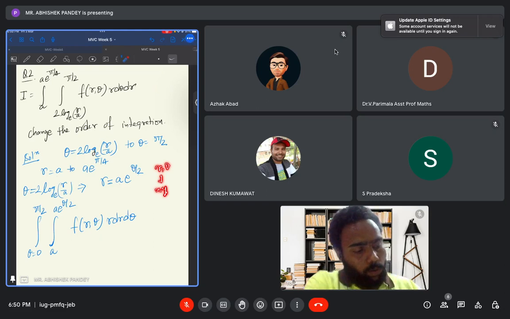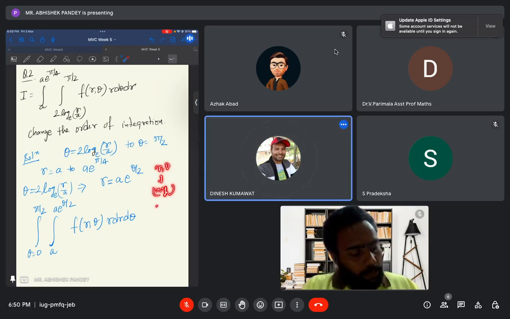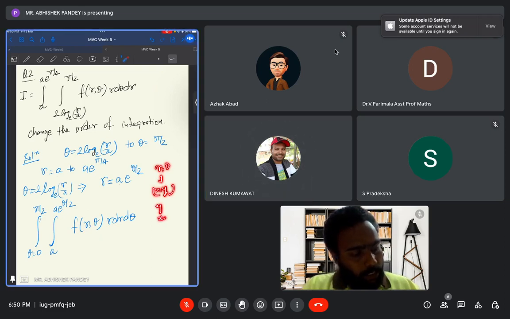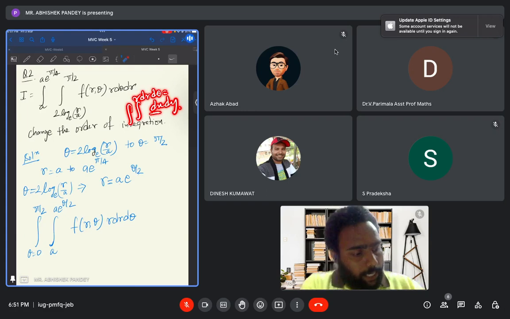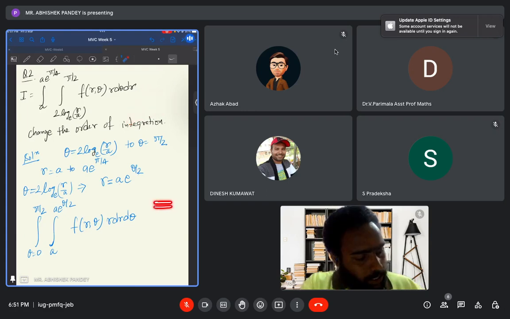Better is to change the polar coordinate into the Cartesian coordinate. Then you will get the limits of y and x. So this will become d theta, dr will become, let us say, dy. Let us say you have to change r dr d theta, so you need dx dy. So you need x as a variable of y, the integration limit of x as a variable of y. There you can use this grid, whatever we have done.